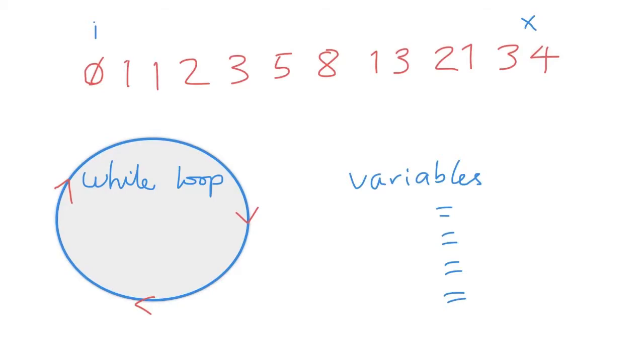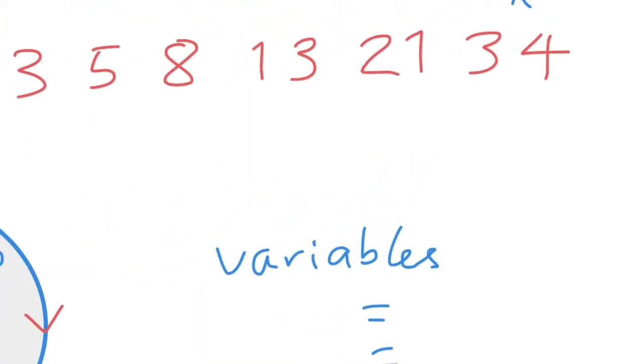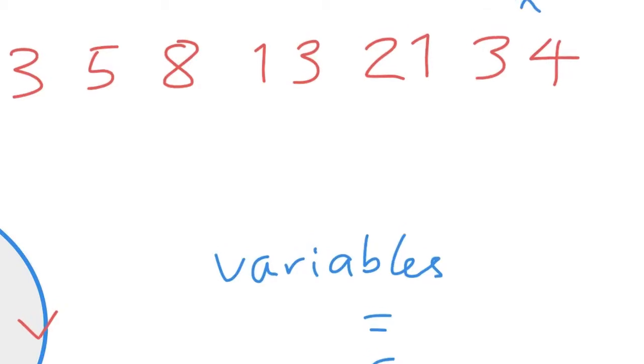We'll get back to while loops in a moment, but let's first look at this problem and how we could present it to our students. So we've got this issue where we want to count in a particular way.